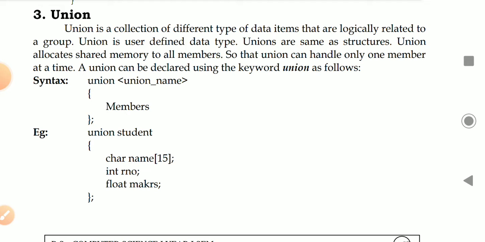Structure is a user defined data type that is a way to group different type of data items that are logically related. So here also union is a collection of different data items that are logically related to a group.